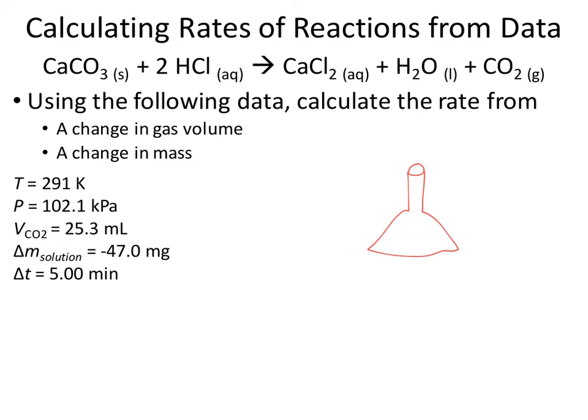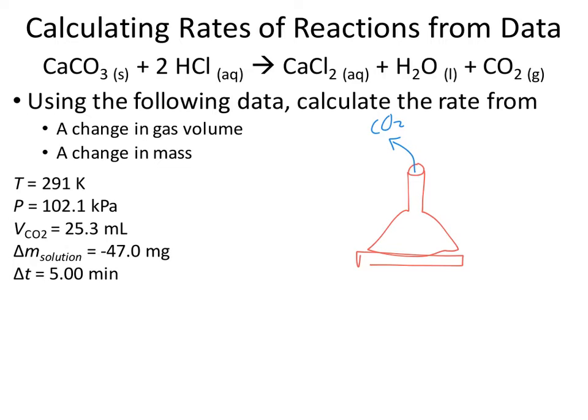So they've obviously put it onto some kind of scale. Once they did this, they tared it to 0, and they saw that it became a negative mass, which means that this solution in here has lost mass. The way that happened was, because it produced CO2, the CO2 was able to escape, and CO2 obviously has mass, so as mass escaped from this solution, the overall mass decreased.